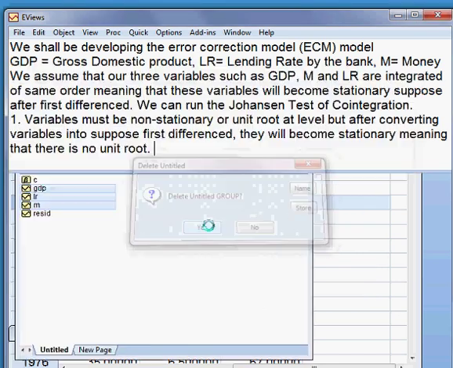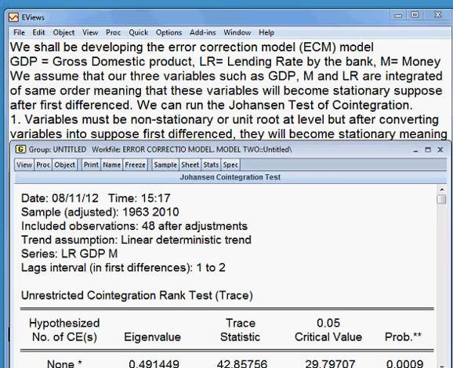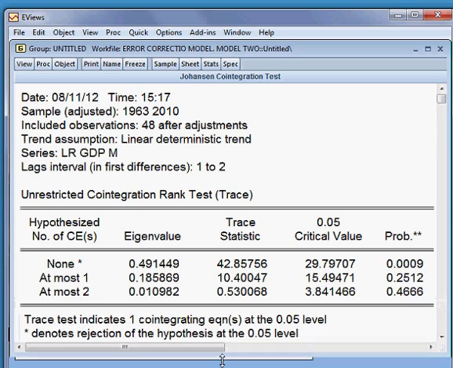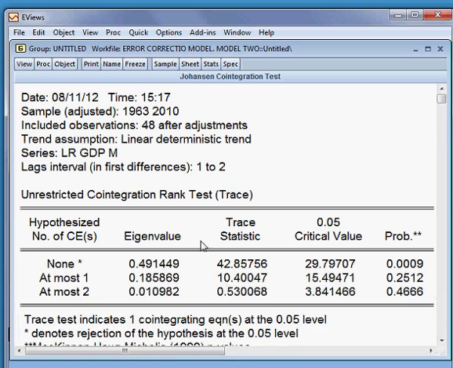The result is coming up gradually. You can see the Johansen test result has come up. These are our variables, and here I have chosen lag 2, and this is the Johansen test of cointegration.